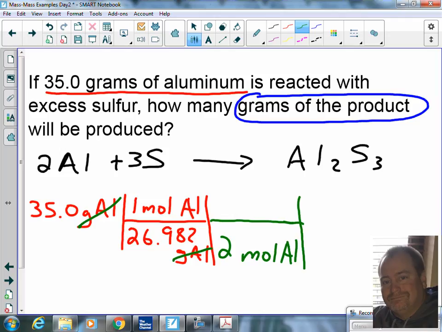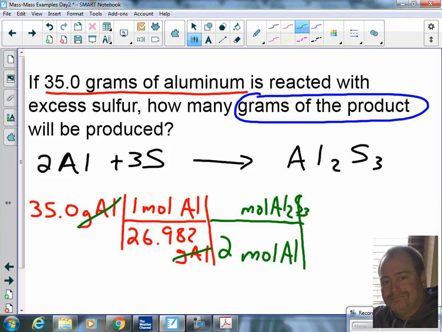Okay. What did it actually say I wanted to go to? Grams of the product. What's my product? Aluminum sulfide. So, on the top, I'm going to put moles aluminum sulfide.